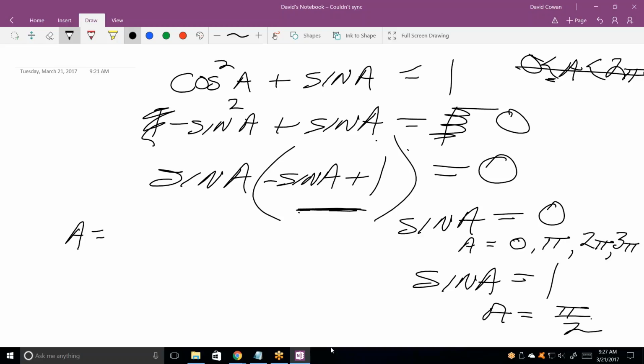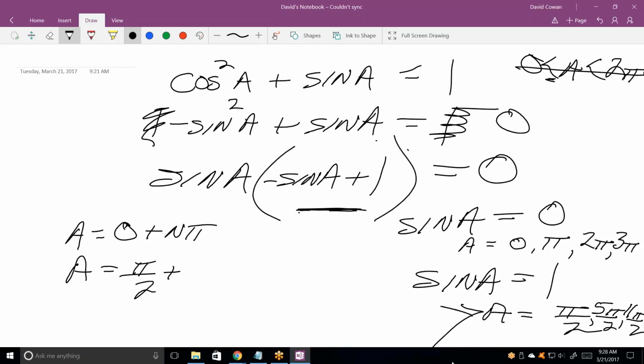and then if I add a few more terms here, in other words, every 2 pi, this is going to happen. I can define this easy enough as 0 plus n pi. And the second answer I can define as pi over 2 plus, I got to do the second one in two different terms, don't I?